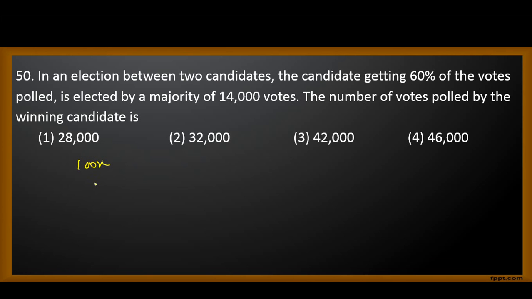Then the first person will get 60x, and the second person will get 40x. What is the difference? 20x. According to the question, it is given as 14,000, because he is elected by a majority of 14,000. So 20x is equal to 14,000.